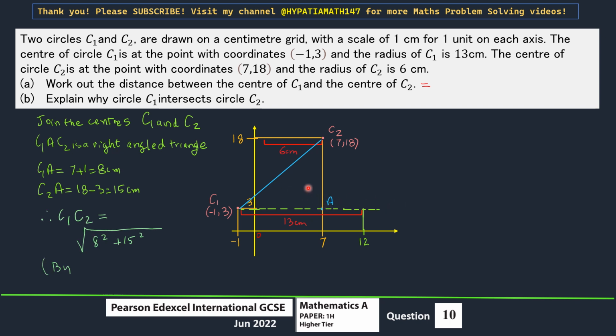Then I apply Pythagoras' theorem, and C1C2 is the hypotenuse, and that would be 8 squared plus 15 squared.